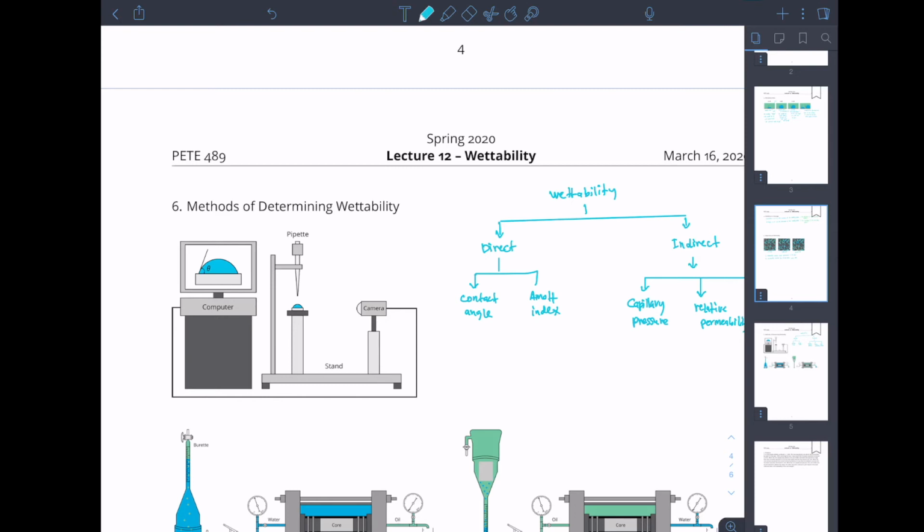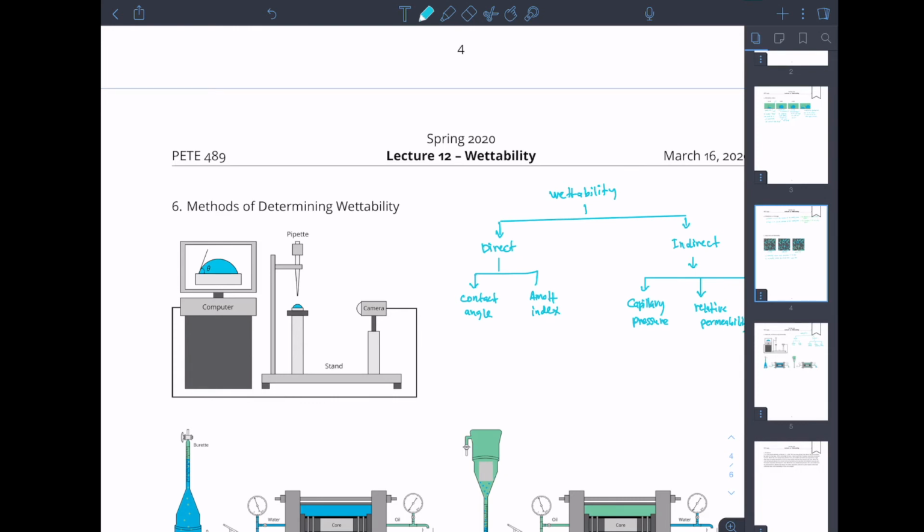Then using a high definition camera, you can zoom in and capture a clear picture of that interface. And then using software, you can measure the contact angle and hence you can find the wettability.